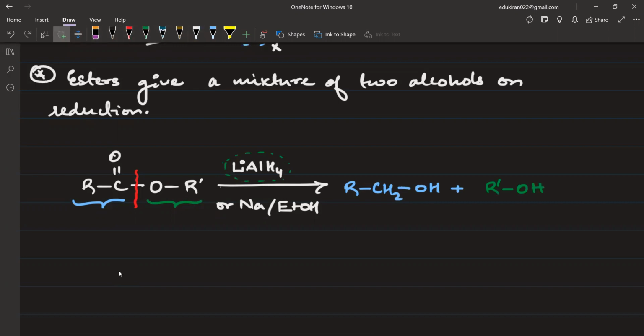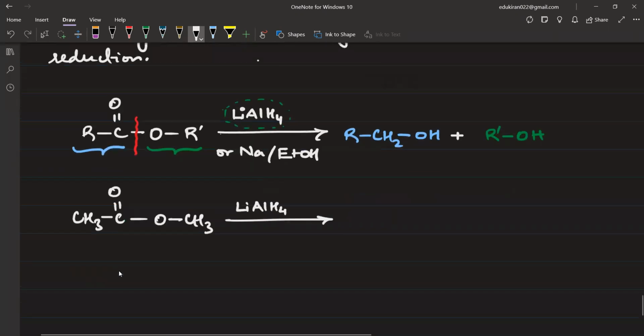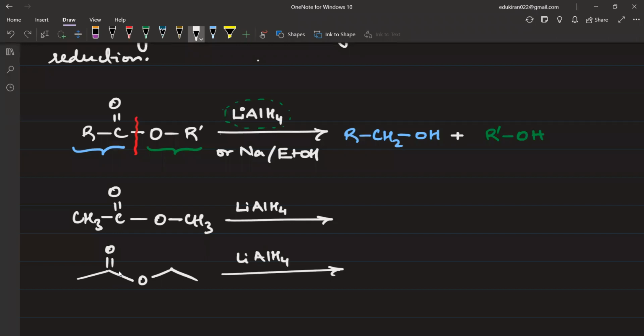Please write this down and try to make the molecules. Write these two products.